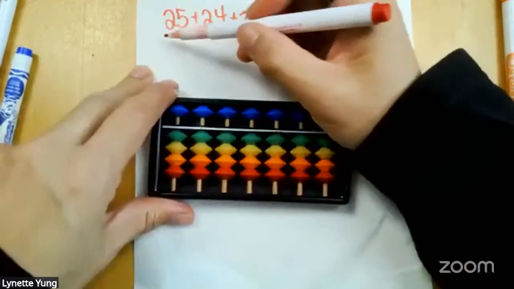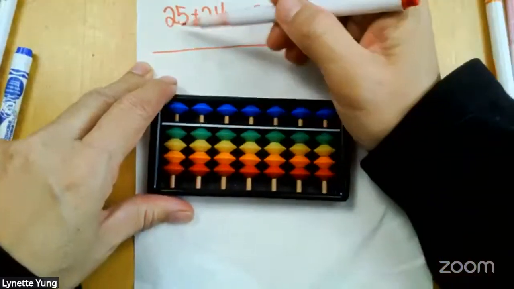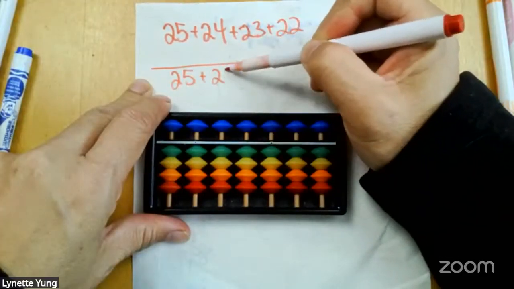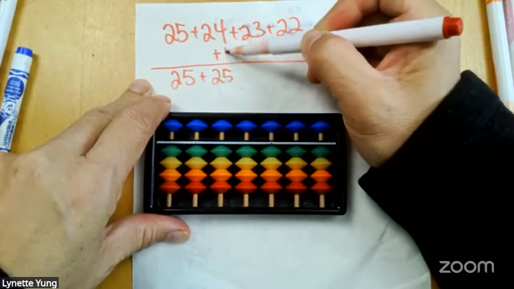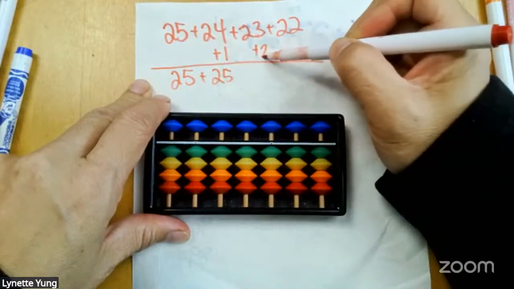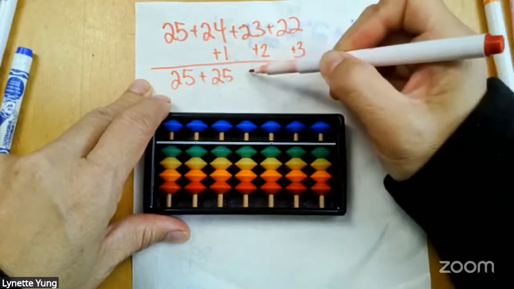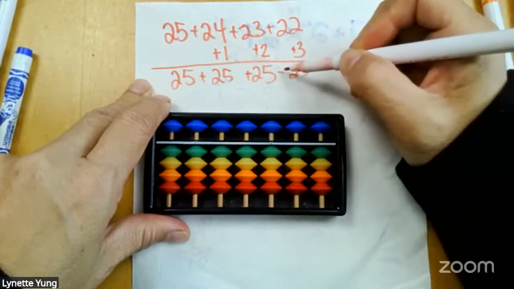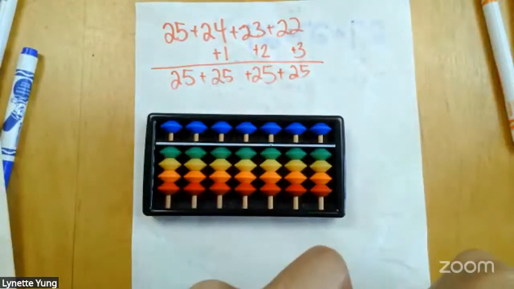So what do you do? Well, the way I would line it up is this is 25 plus 25. How did I do that? I had to plus 1. This one is plus 2, and then this one is plus 3. That is the pattern that they're showing on the paper.